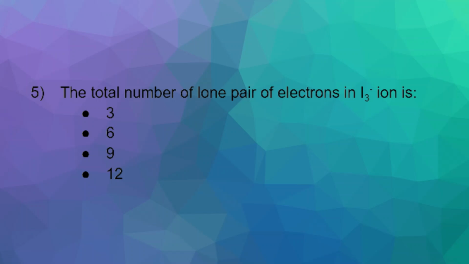Moving on to the next question: the total number of lone pairs of electrons in I3 minus is? First of all, you have to draw the structure. I3 minus, right? That's the question. So we can write it as I, I2 minus, with this being the central atom: 7 electrons, 2 substituents and 1 charge.